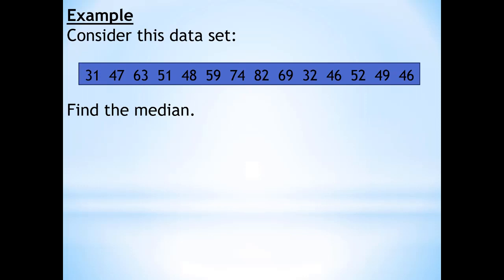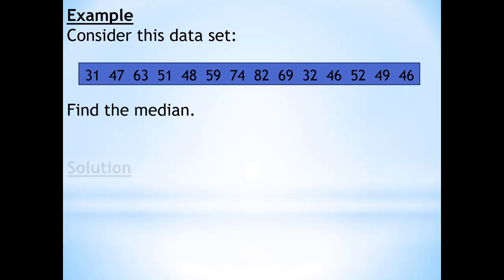Again, first things first, put the data set in order. We've already seen this data set in order. What is the extra value that we added here? There's an extra 46. In the data set that we had in the last example, there was a single 46. Now in this one, there are two 46s.